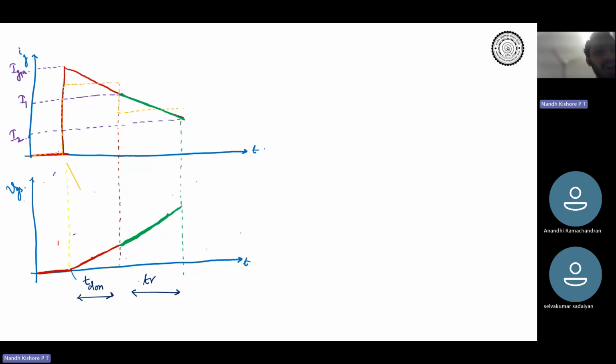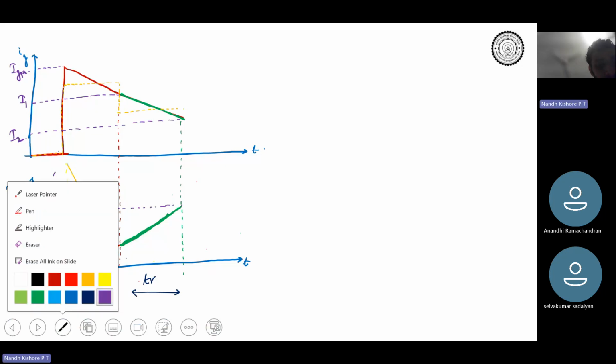So this is your average gate current during the interval TD on and TR. So this was VEE, this was V threshold, this was V Miller. Okay.